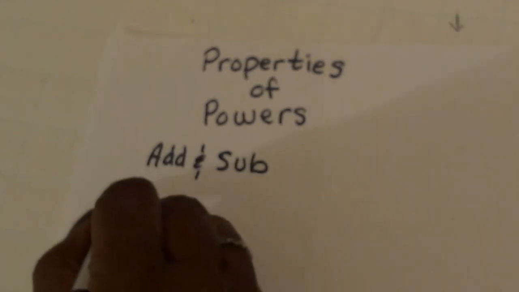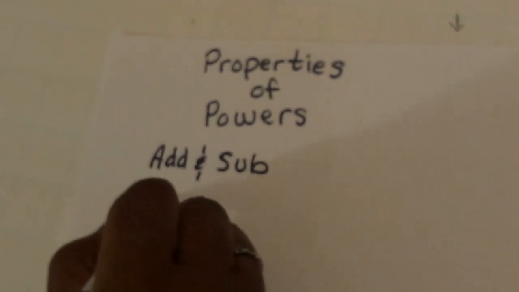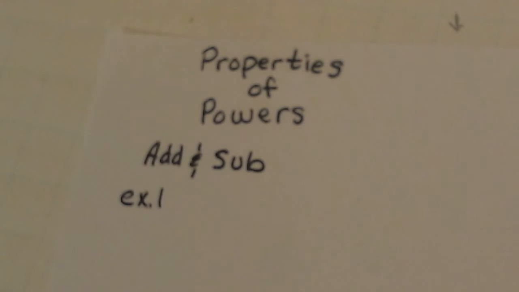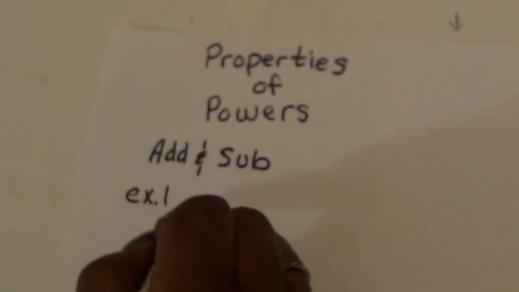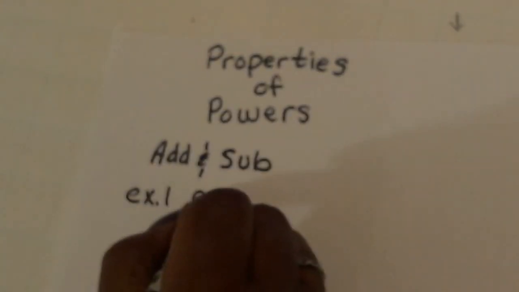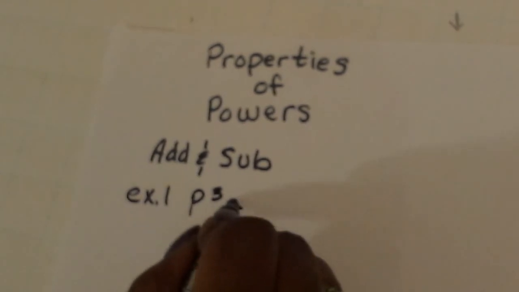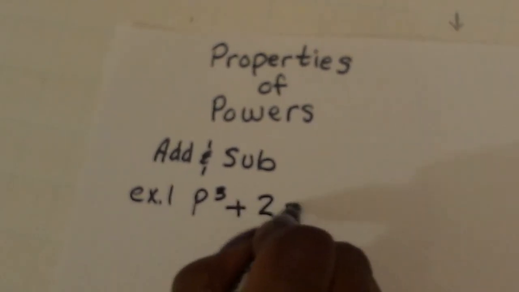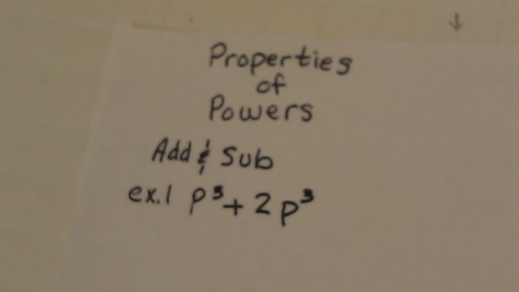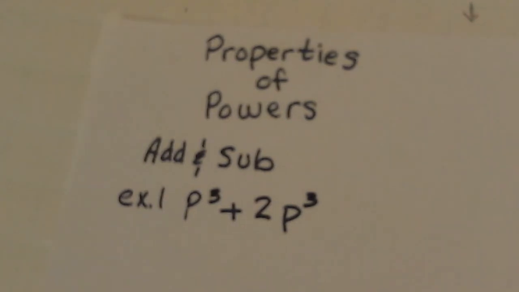So, for example, one, I have p to the third power plus 2p to the third power. One thing that you have to remember is that you cannot combine them unless they are like terms.